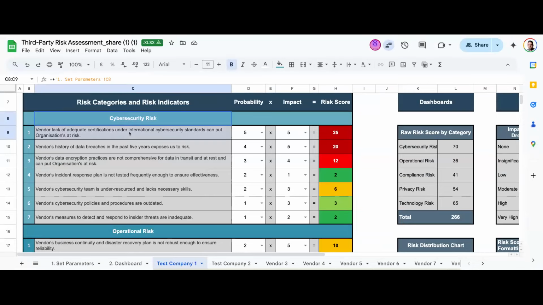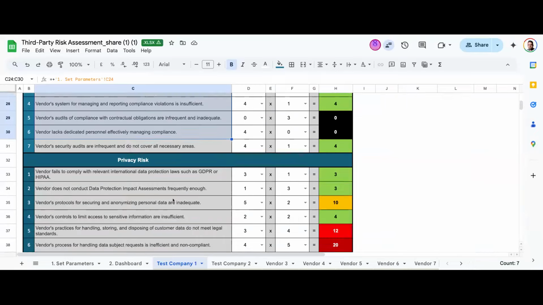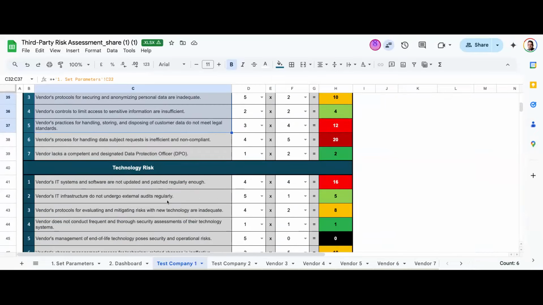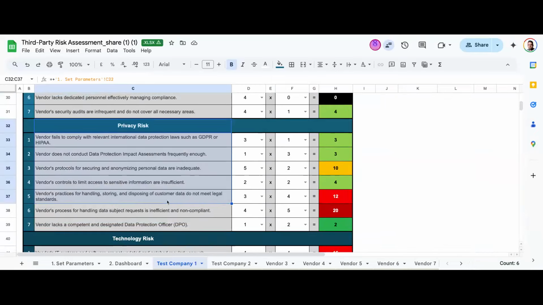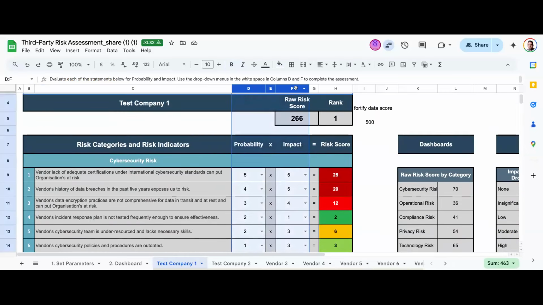Okay. Yes. So for every company, the cyber security risk will remain the same. For example, these risks will remain the same: cyber security risk, operational risk, compliance risk, privacy risk, technology risk. All these risks will remain the same. However, the probability and impact will change depending upon the... Sorry, sir, could you repeat once?